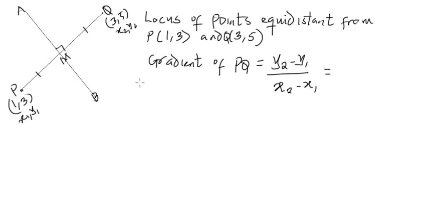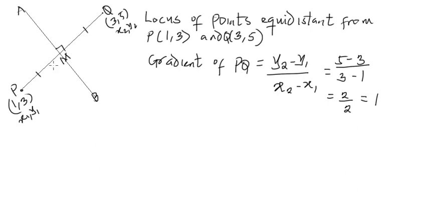So y2 equals 5 minus y1, which is 3, divided by x2, which is 3, minus x1, which is 1. So 5 minus 3 equals 2, and 2 divided by 3 minus 1 is also 2. That equals 1. So the gradient of line PQ is 1.